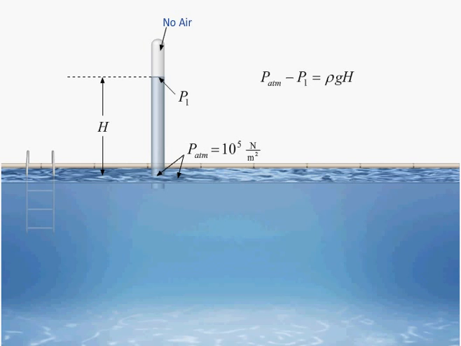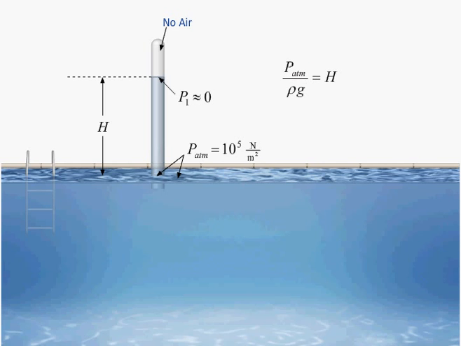And the pressure there must just be the vapor pressure of the water, which is so much smaller than the outside atmospheric pressure that we can call it zero. Therefore, the difference in pressure at the water's surface and at the maximum height of the water in the tube must just be equal to the atmospheric pressure.